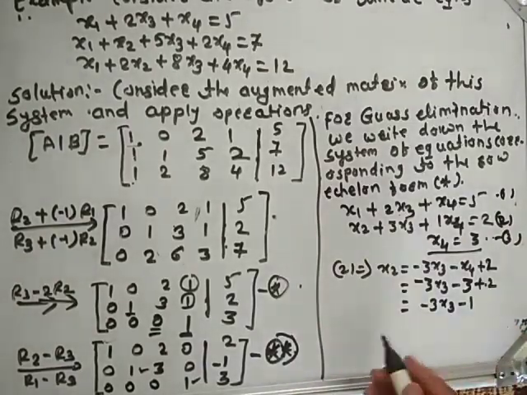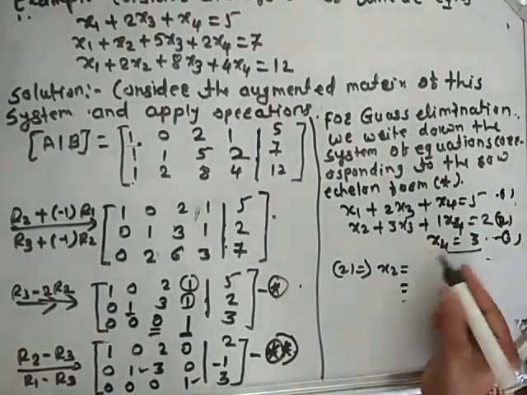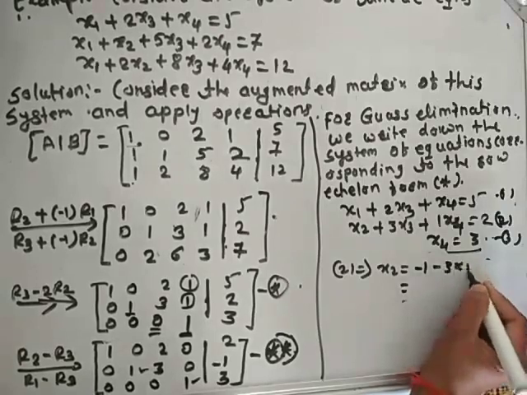This is the value of x2. Here I will write x2 is equal to minus 1 minus 3x3.